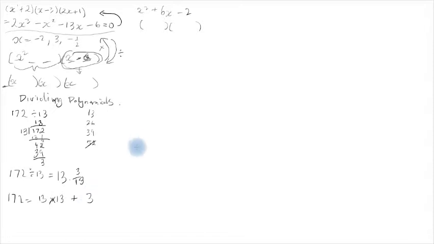Okay, so that's the method we use with numbers. And we can do the exact same method, but using algebraic expressions or polynomials in particular. So let's start off and say that what we want to be doing maybe will be x squared plus 7x plus 11 divided by x minus 2.